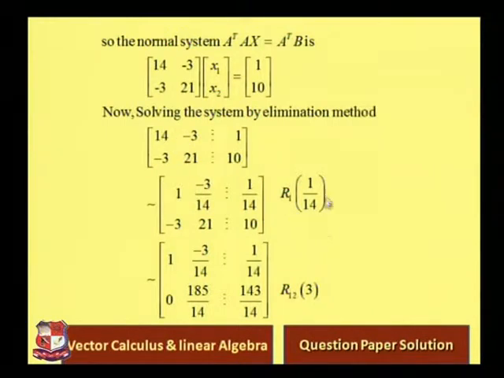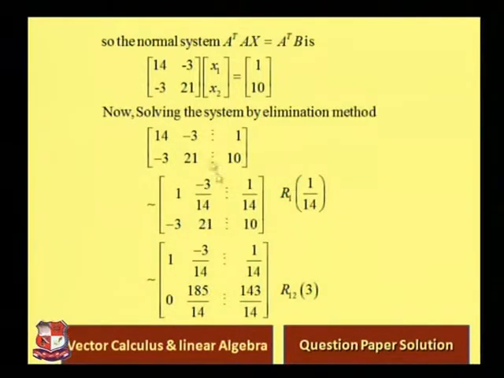So now R1 into 1 upon 14, that means the first row multiplied by 1 upon 14. So we get this answer, and then using this leading one, which is our first leading one, we convert the minus 3 to 0. So 3 into 1, we get 3 plus minus 3, so we get 0.